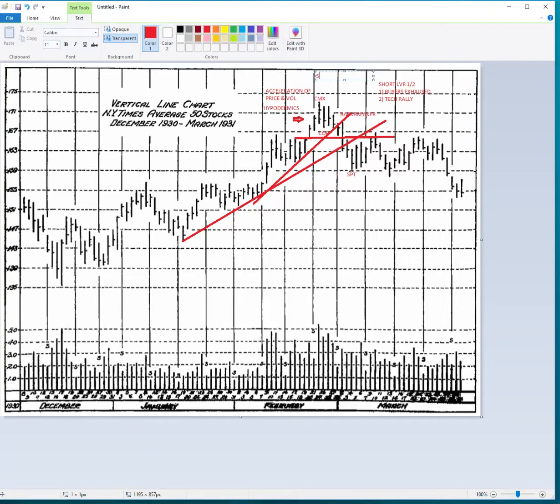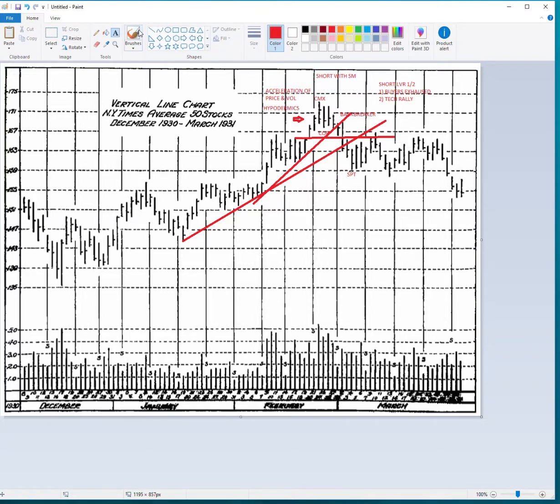Why? He's shorting with smart money, who is taking positions. That's the first short. Okay, where is that?